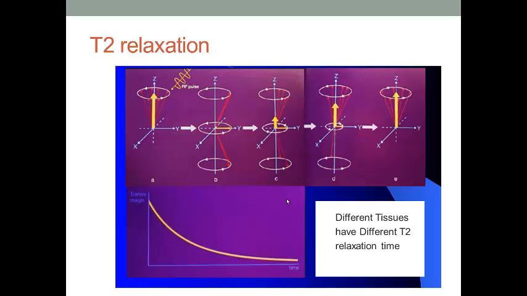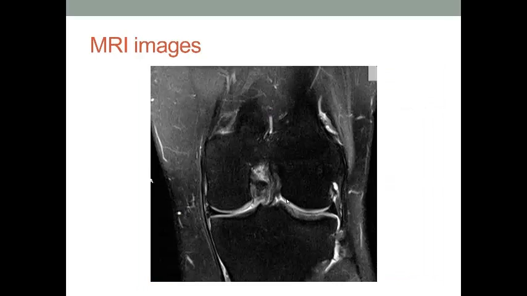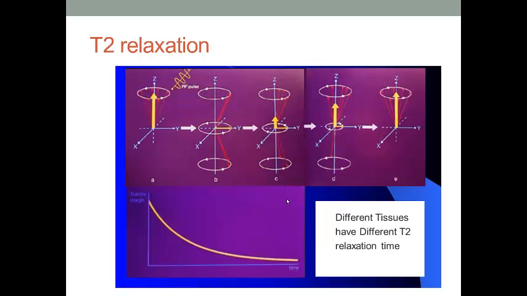Based on these properties, we can create different MR gray values. For example, some tissue is cancer, some is not. Cancer tissue has a T2 time different from the normal tissue's T2 time, so we can use these two times to create different image intensities.